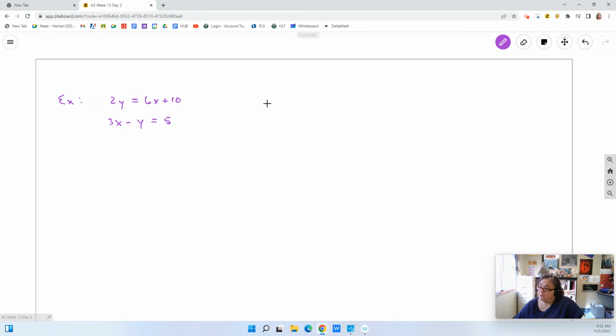I'm going to look at this first problem right here. They're both pretty easy to solve for something, but look at this one. All I have to do is divide everything by 2, right? So I'm going to use this one: 2y equals 6x plus 10, and I'm just going to divide everything by 2.